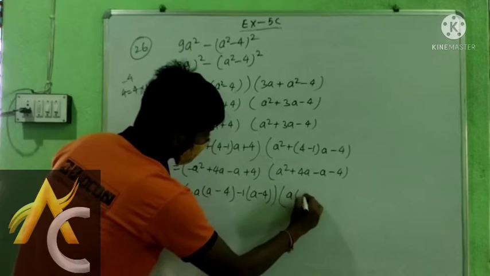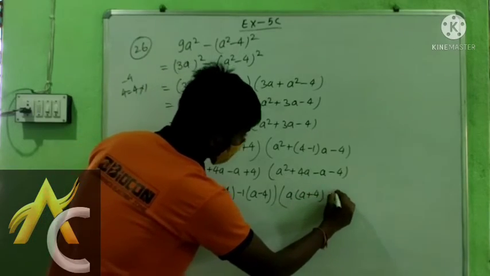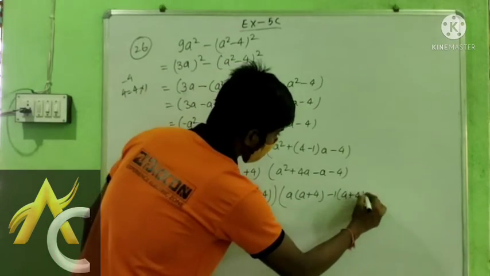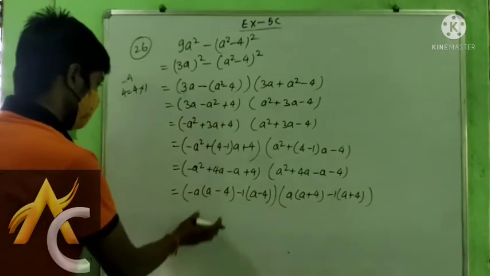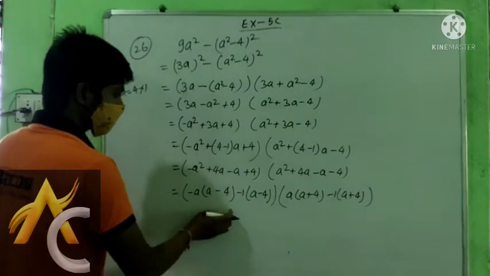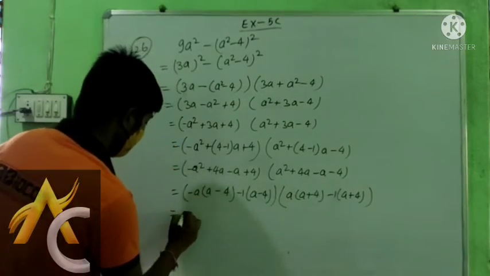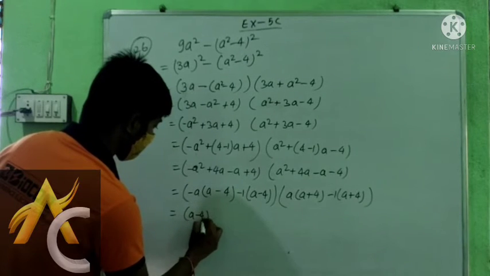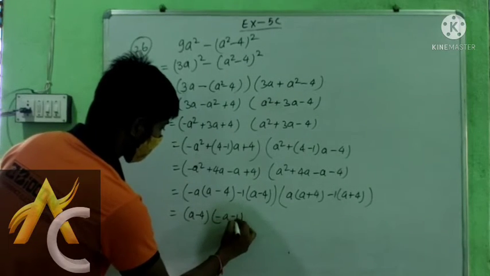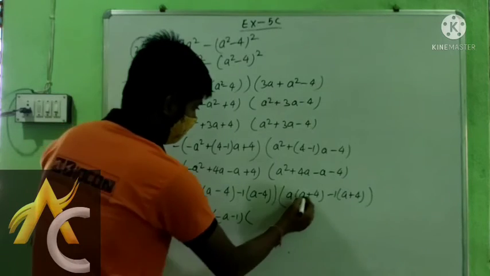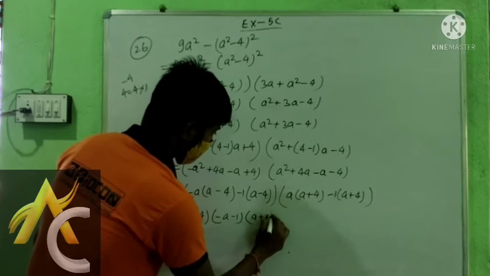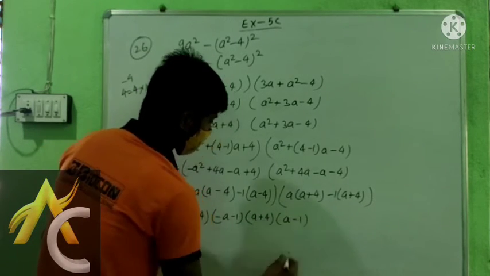Here if we take a common, then it will be a plus 4, and minus 1 common, then it will be a plus 4. Simple. Now take common a minus 4 from here and a plus 4 from here, then it will be (a minus 4) into (minus a minus 1), and then (a plus 4) into (a minus 1).